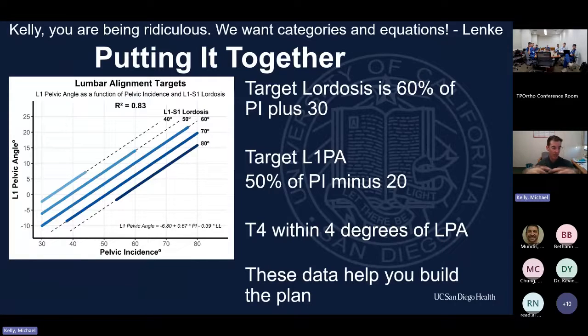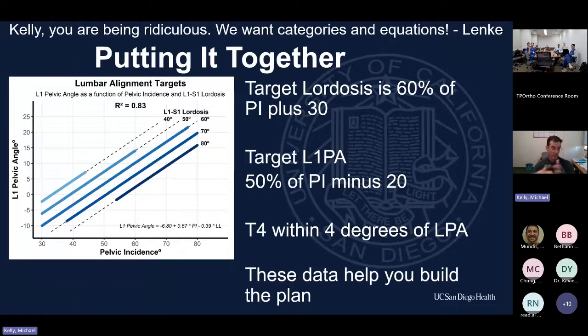And then once you think of the L1 pelvic angle, 50% of PI minus 20, then you decide where to put it to achieve that L1 pelvic angle. And you may find, well, I needed 20 by the first equation Kelly told me, but if I can get 15 and the L1 pelvic angle is right, you know what? That's fine. You don't need to go for these lumbar lordosis targets. It just gives you a framework within which to think.